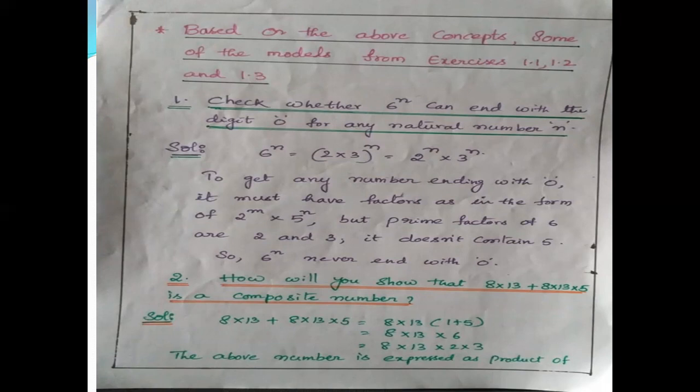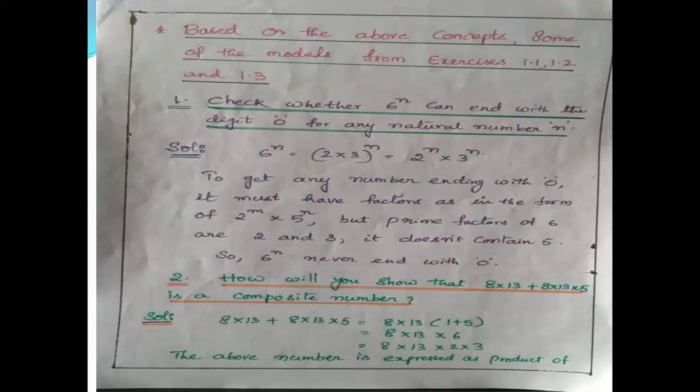To get any number ending with 0, it must have the factors in the form of 2 power n into 5 power n. But prime factors of 6 are 2 and 3. So it doesn't contain 5. Hence we can say that 6 power n can never end with a digit 0.